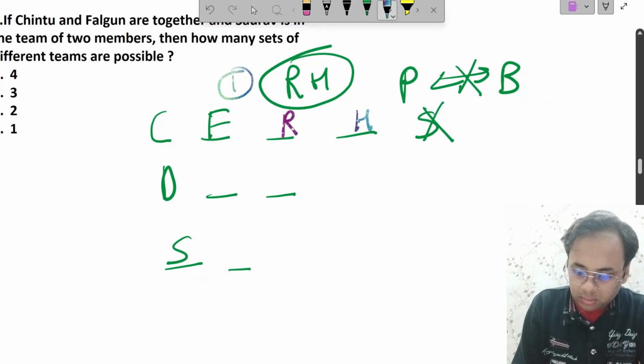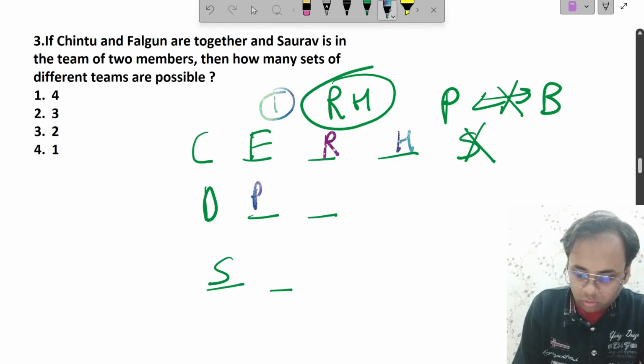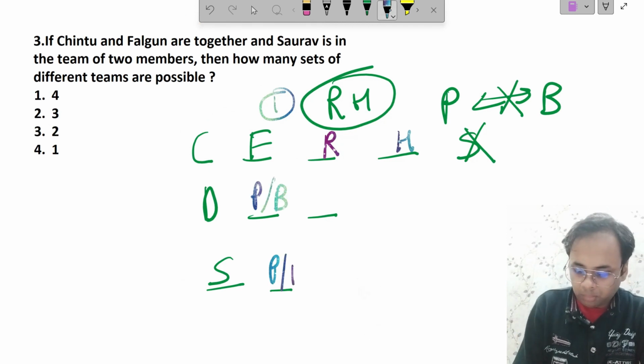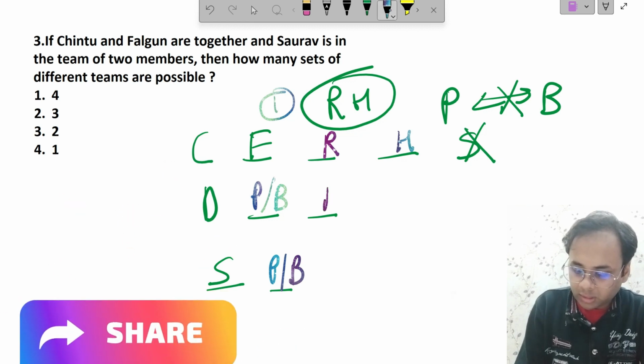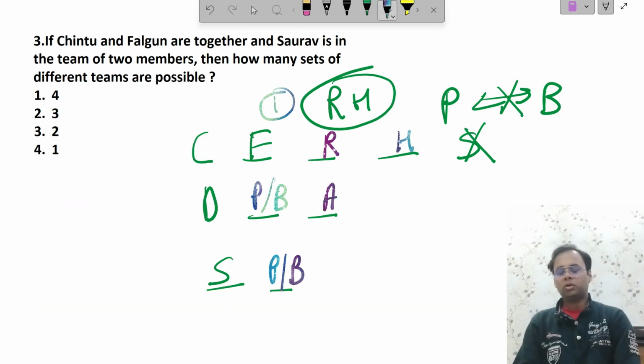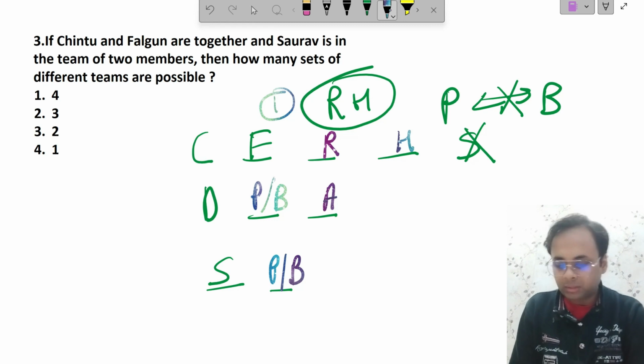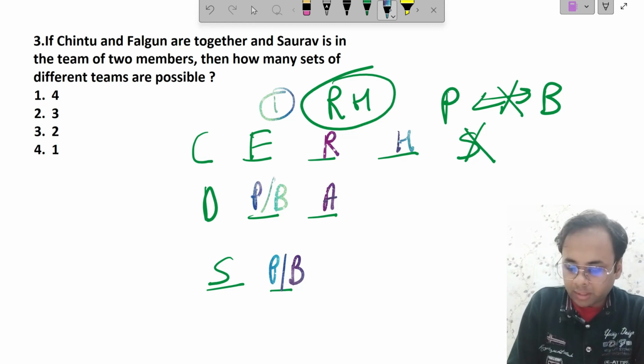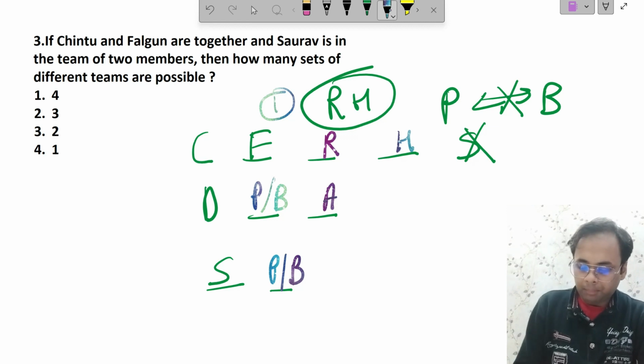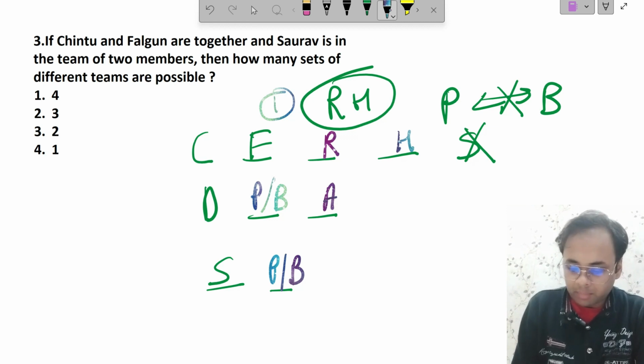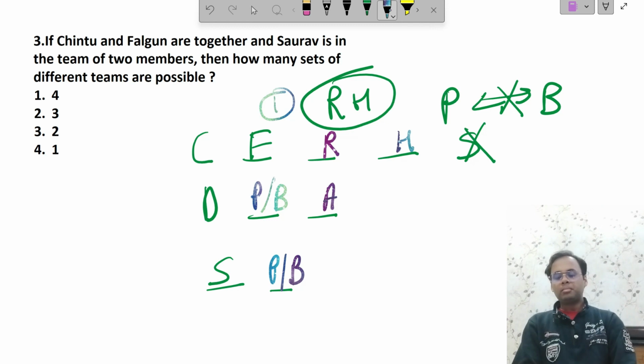P may come over here or B may come over here, and in that case A would come over here. So how many cases are formed? If R and H are here, then either P or B can come here, A comes here, and P or B comes in the two-member team.